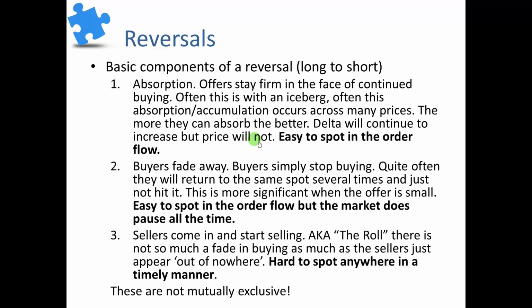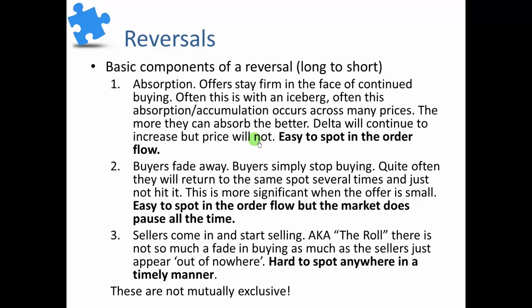Now, for the sake of simplicity, I'm just going to talk about a long to short reversal and presume you can flip this around yourself from short to long. So the first element of a reversal that we may see is something called absorption. Okay, now this is where the buying continues, but the ceiling doesn't break.